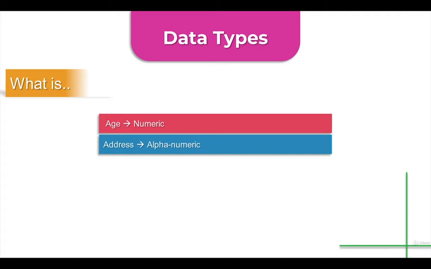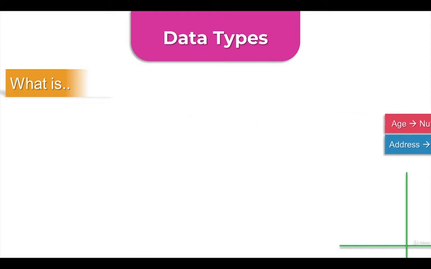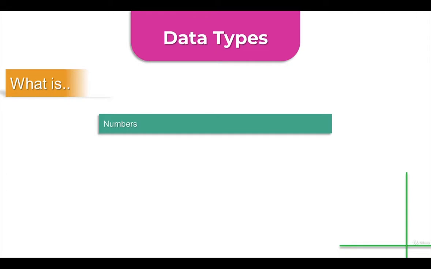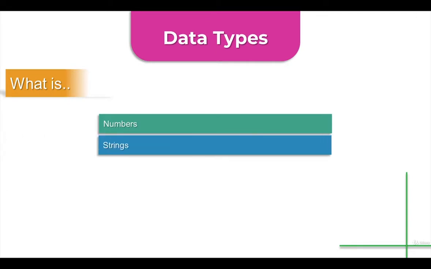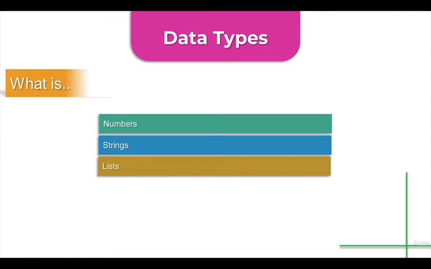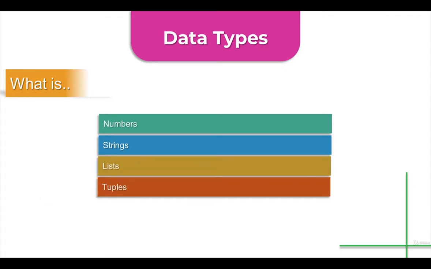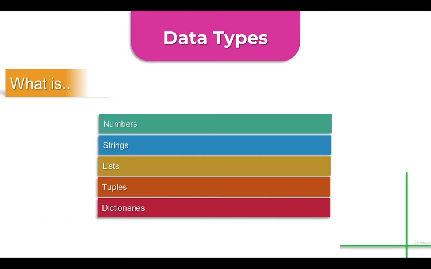Now, Python has various standard data types that are used to define the operations possible on them and the storage method for each of them. So Python has 5 standard data types: numbers, strings, lists, tuples, and dictionaries.